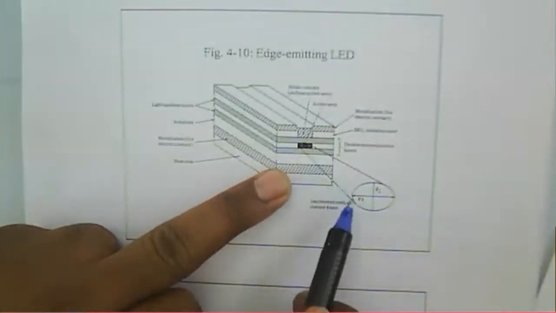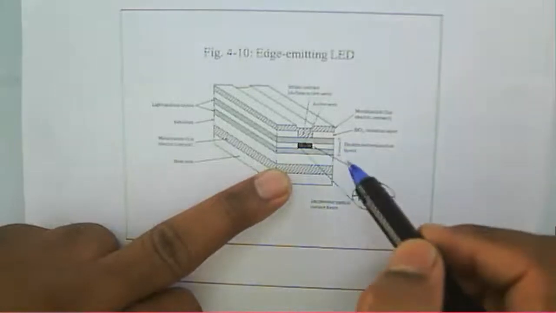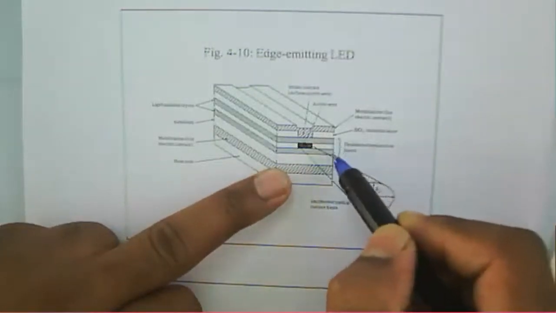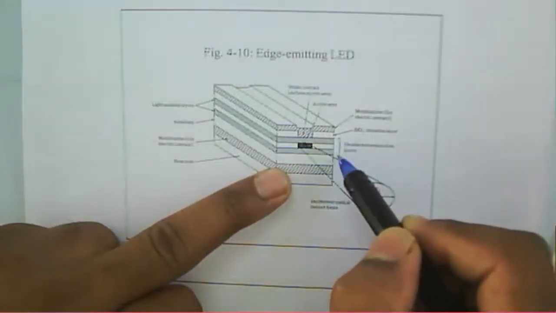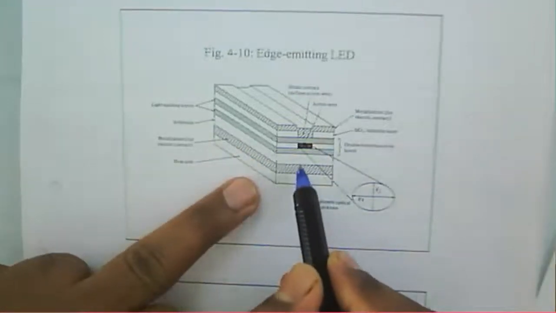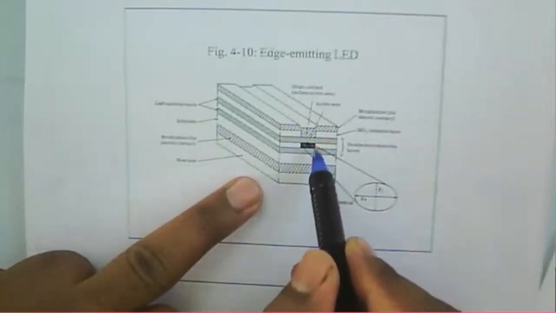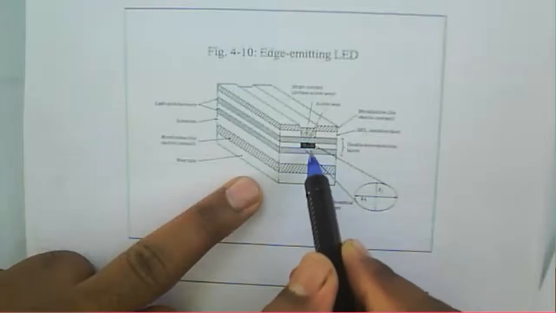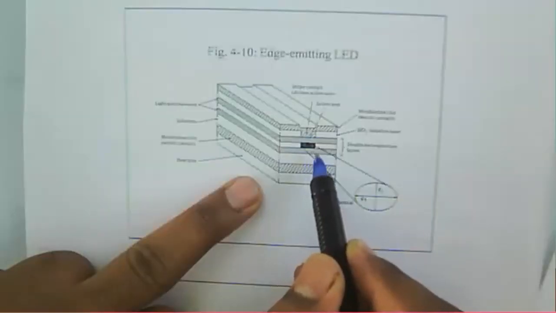Here we have a double heterojunction layer. This one is the double heterojunction layer, this one is the substrate, and on the substrate the double heterojunction layer is there, and this one is your active region.